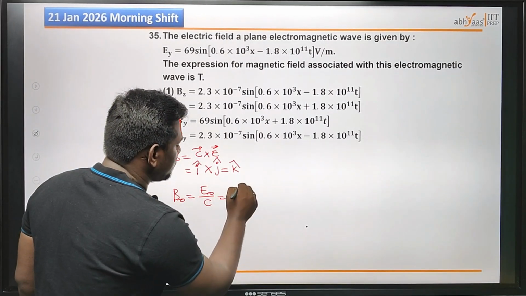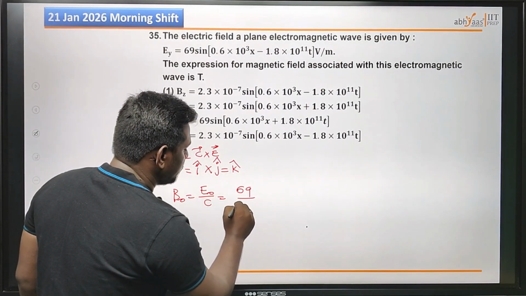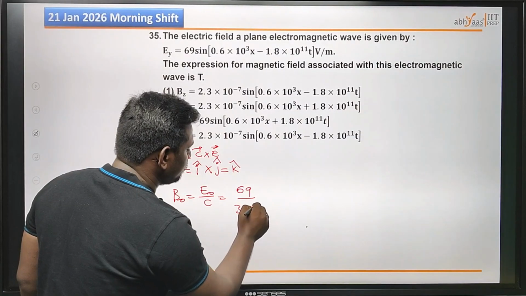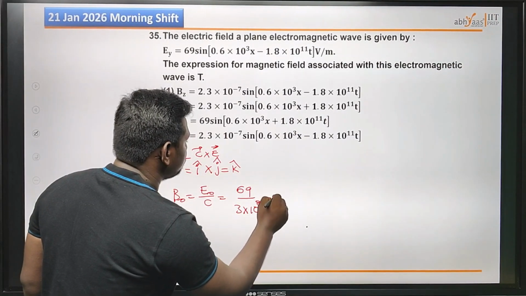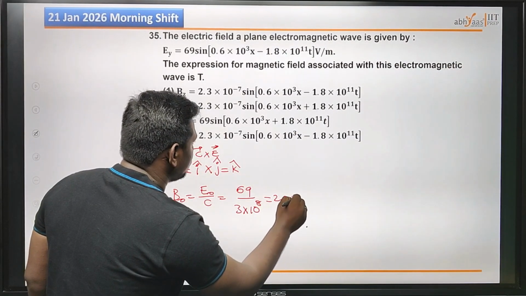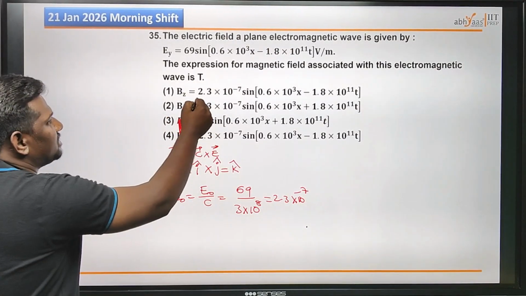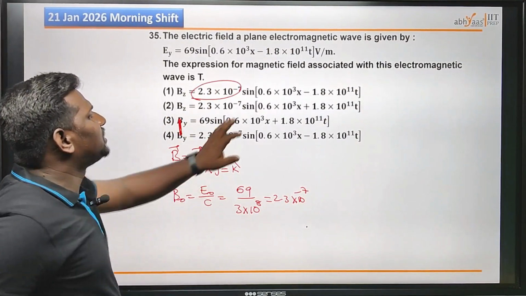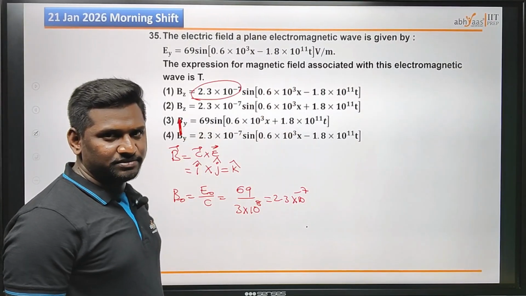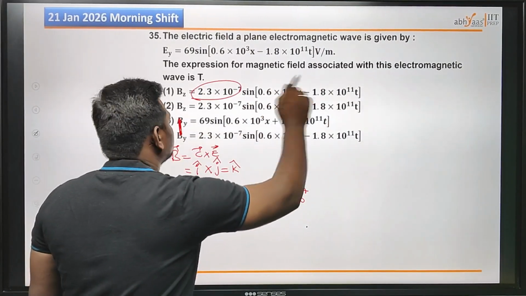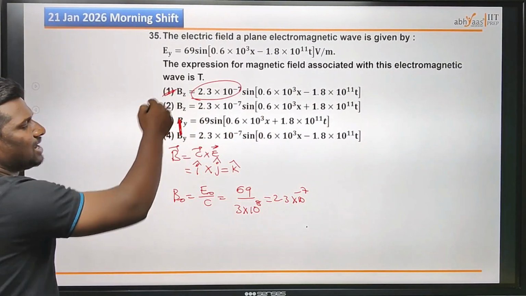So simply you can write it as 69 by 3 times 3 into 10 to the power of 8, that is 23 times 10 to the power of minus 7. There is a change in amplitude only. There is no change in phase. Phase remains constant. That's why option 1 is the right answer.